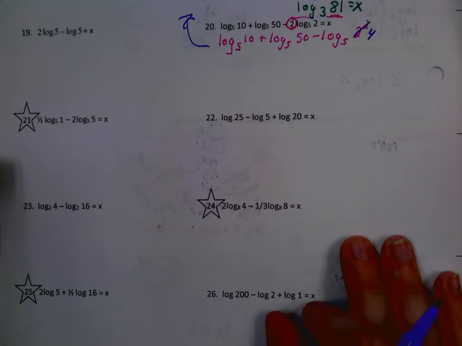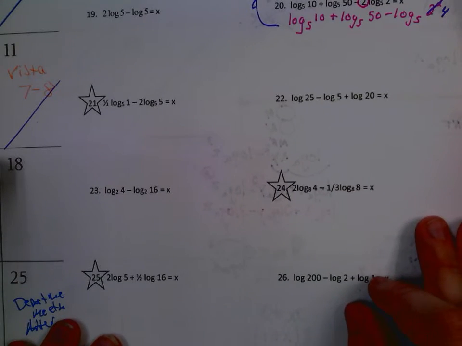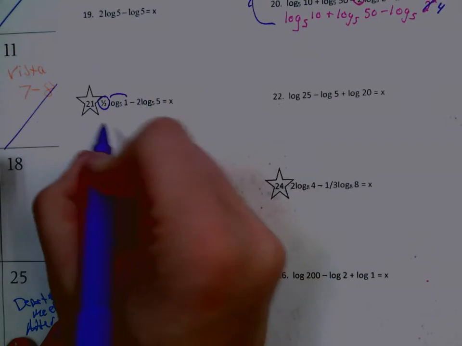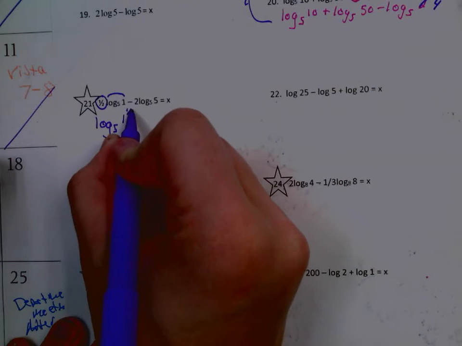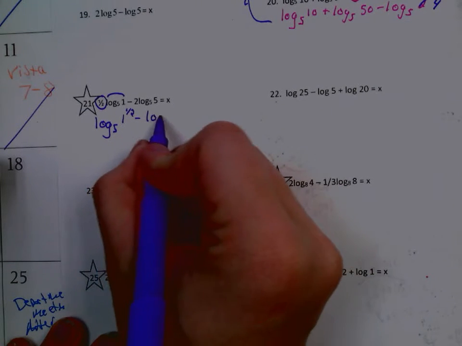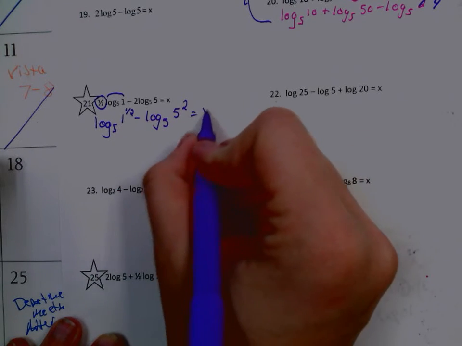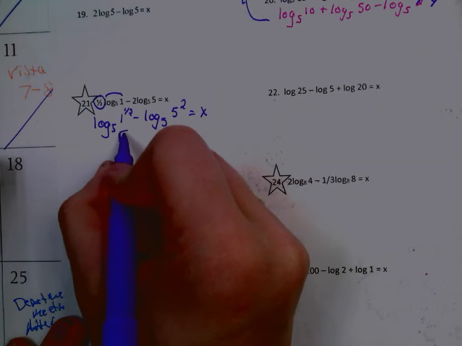If you are trying the starred problems, the only fancy thing about them is that when you pull this 1/2 into the exponent, you're going to get log base 5 of 1 to the 1/2 power, minus log base 5 of 5 squared equals x. Anything with a fraction in the exponent means that I'm actually doing a square root.